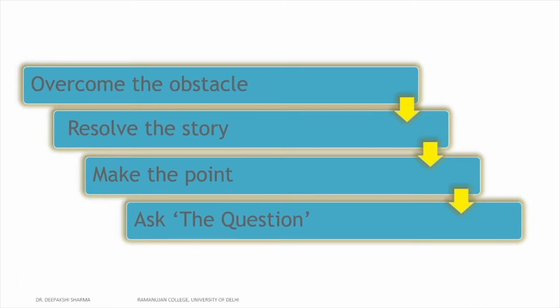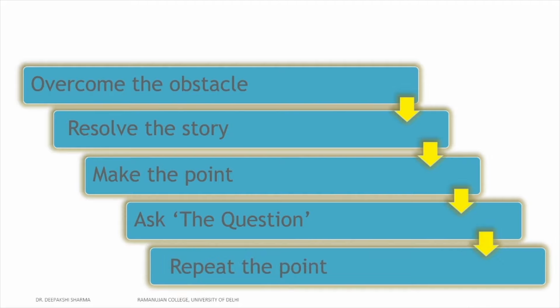Since we started with the idea of a presentation being a conversation, you now pose a question. You may take their opinion about the other problems that can be solved. Finally, you repeat the main point.